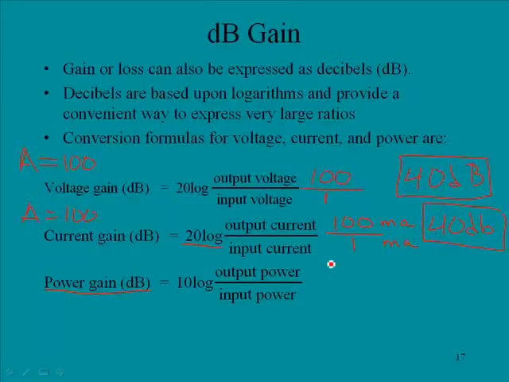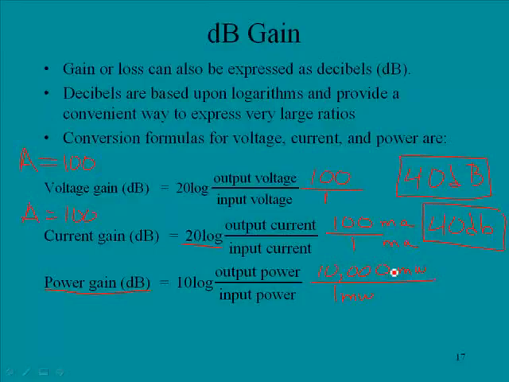So 100 times 100 is 10,000, but to keep our units right, remember this is watts, and since this is milliamps times 100, then this would be milliwatts. And our input, we would have 1 volt times 1, and again this is in milliamps, so this would be 1 milliwatt.